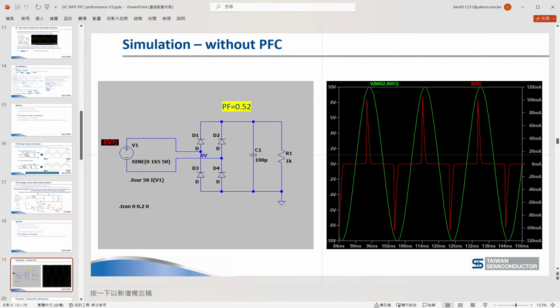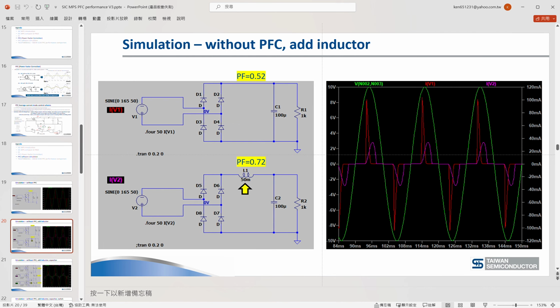There is no PFC. When we input the voltage like this green line, we get the input current waveform like this red line. So this current waveform is distorted. This is not a sinusoidal waveform. The power factor is very bad. It's only 0.52.